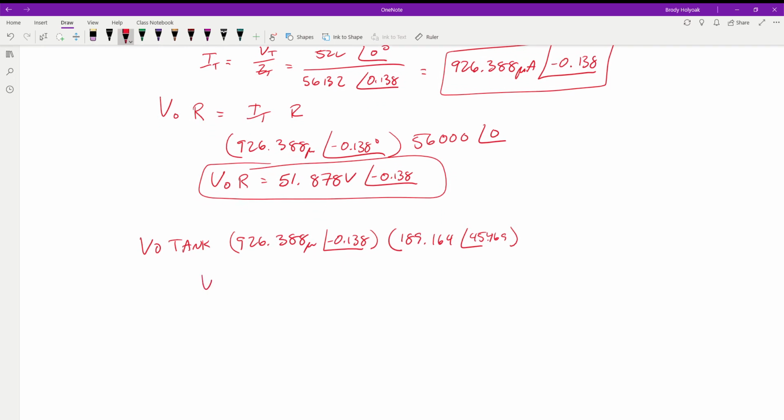So when that's all said and done, the V out tank is going to be equal to a 0.175 volt drop. So very, very, very small compared to the 52 volts that we started with.